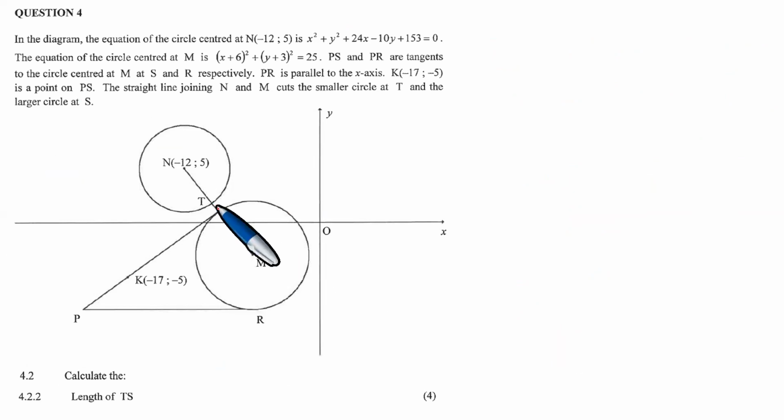The story has been read before, and these circles have also been studied before. We want to calculate the length of TS. Where is T here? This one. What is the length of TS? There are certain things we know: we already know the coordinates of M, from the previous question, they are (-6, -3).